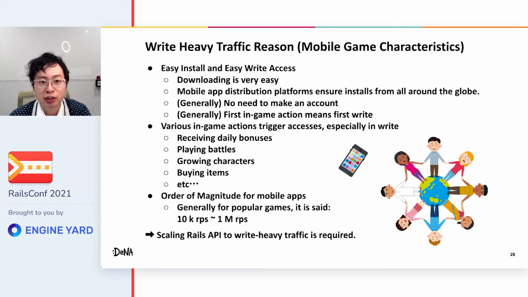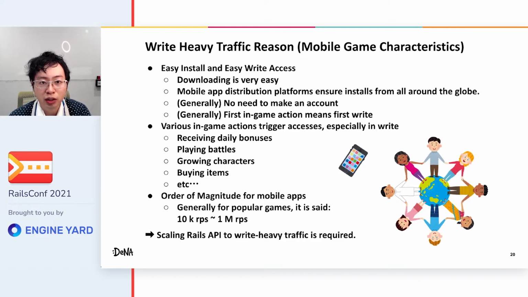This slide shows the write-heavy traffic reasons. First, as mentioned earlier, easy install leads to easy write access. Downloading is very easy, and mobile app distribution platforms ensure installs from all around the globe. There is no need to make an account, and first in-game action means first write.